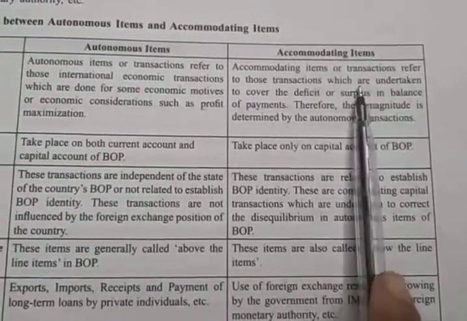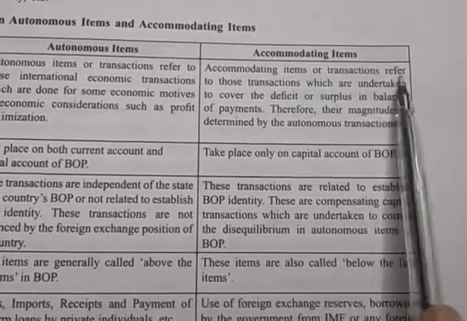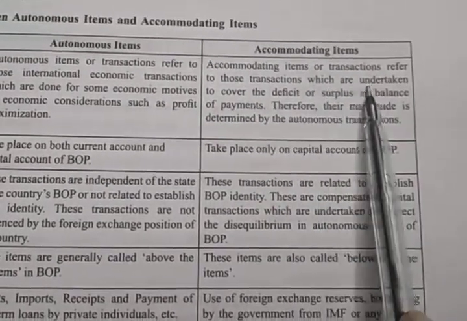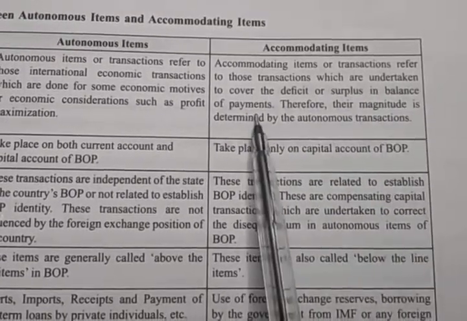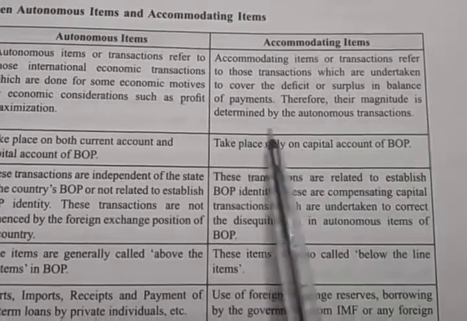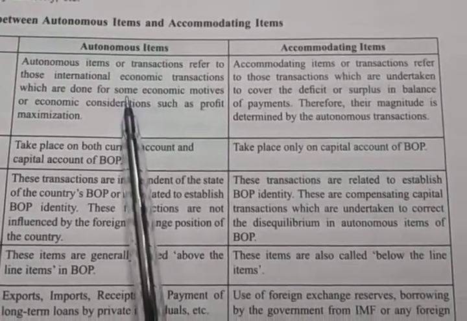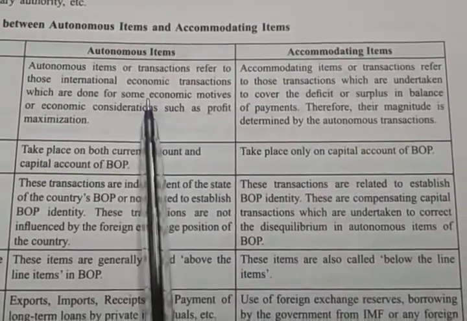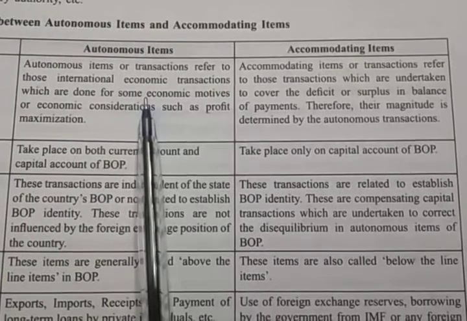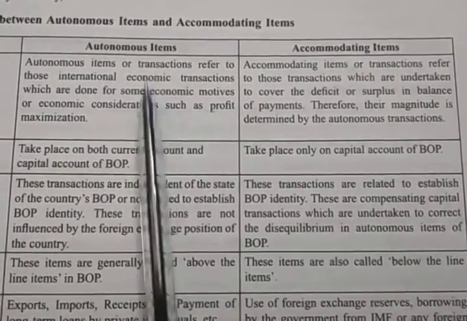Now understand the meaning of accommodating items. Accommodating items, or transactions, refer to those transactions which are undertaken to cover the deficit or surplus in the BOP; their magnitude is determined by the autonomous transactions. That means autonomous items have the main motive of earning profit, and because of these items only, deficit and surplus situations arise in the balance of payments.